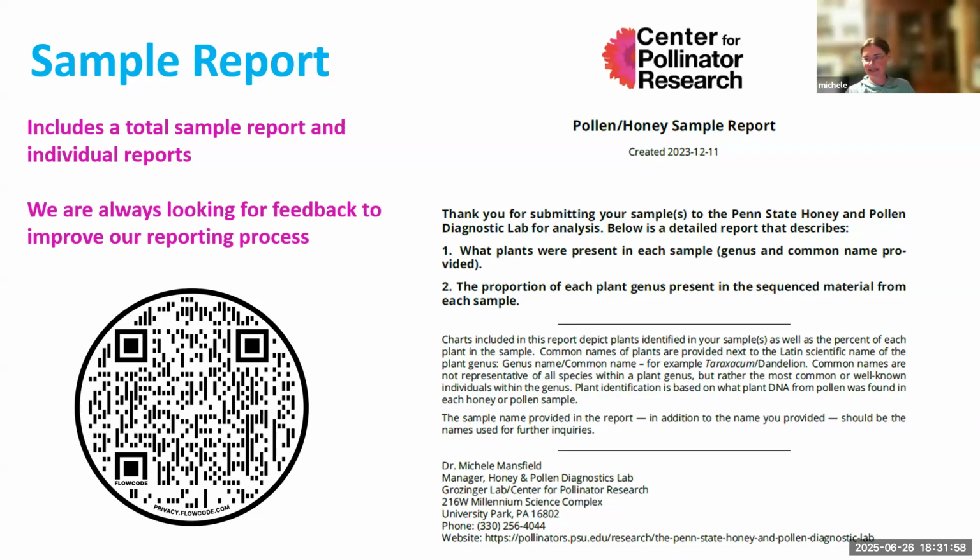It basically takes that information, discards anything that's not quality sequence, and then compares that quality sequence to a database that's got plant sequence from all over the world. So basically, if a plant has been sequenced, I have access to that information. And then that's where we get our identification.